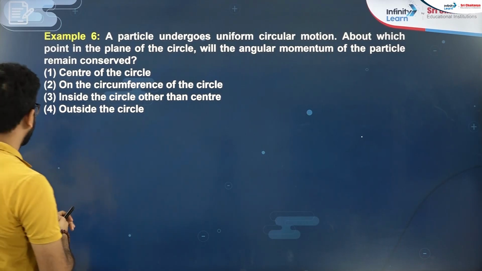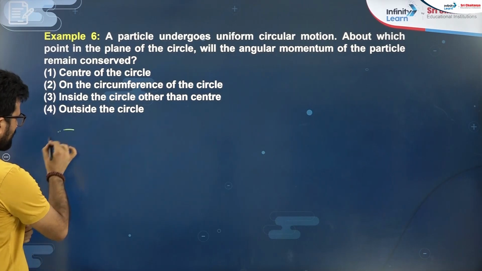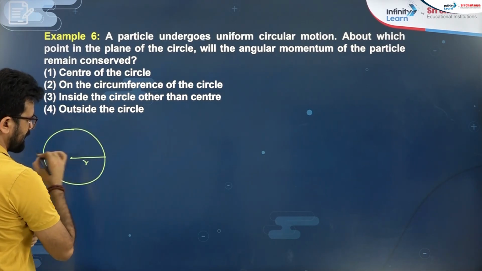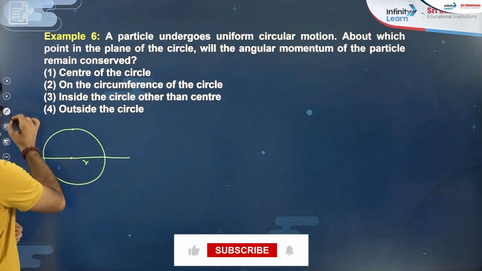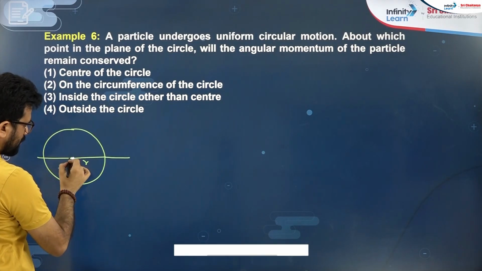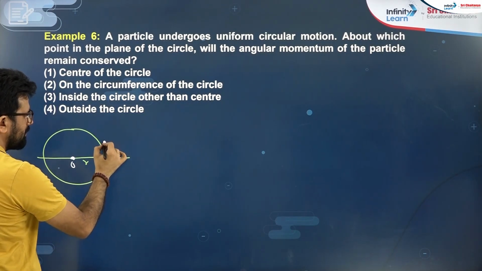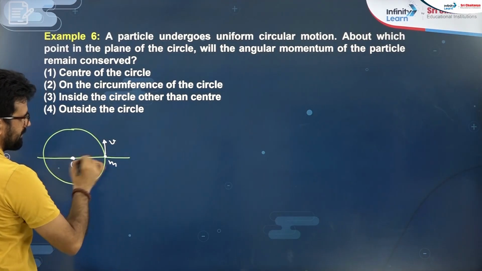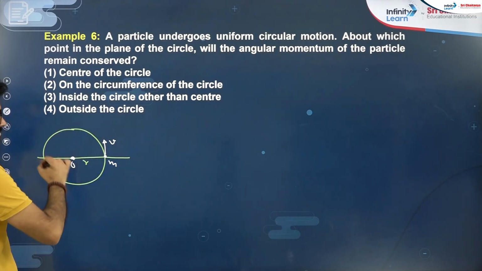Now focus on the board if you want to see it. The very first thing is the circle is there, and the particle is moving on a uniform circle. This is the circle, this radius is r, and this is the center, point O. The mass is m, and it is moving with uniform circular motion, that means the speed v is constant, not velocity, speed is constant here.